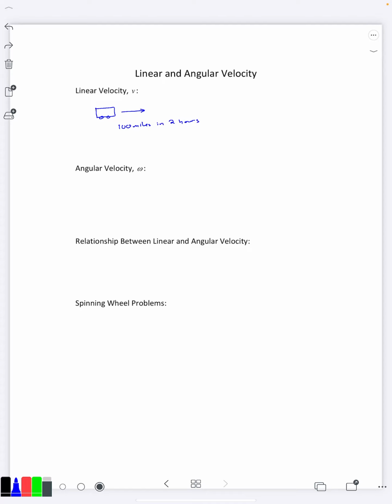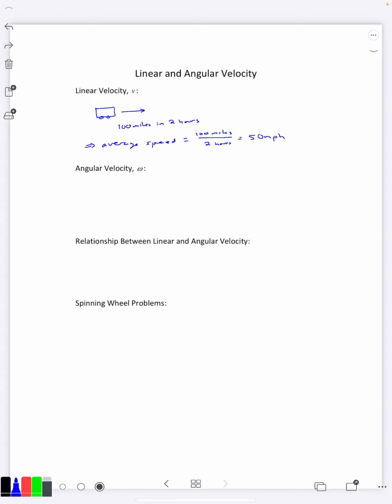Well, in that case, we're going to say its average speed, or in this class velocity, we're going to use them interchangeably. Speed and velocity are not truly the exact same thing, but as I said, we're not going to worry about the differences right now. It would be 100 miles in 2 hours, or simplified 50 mph for miles per hour.